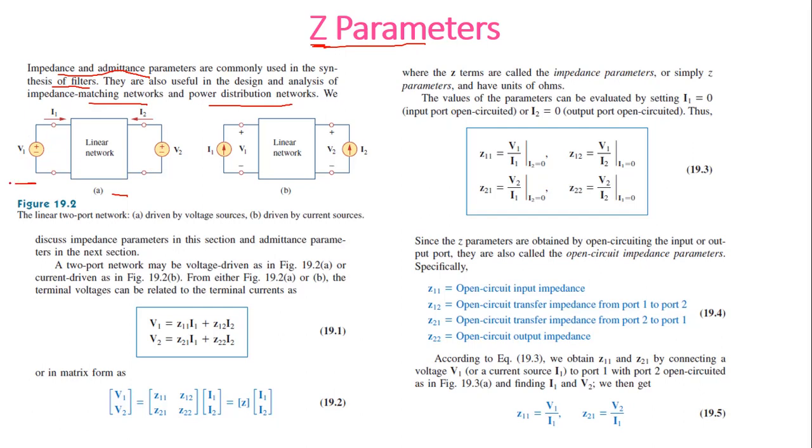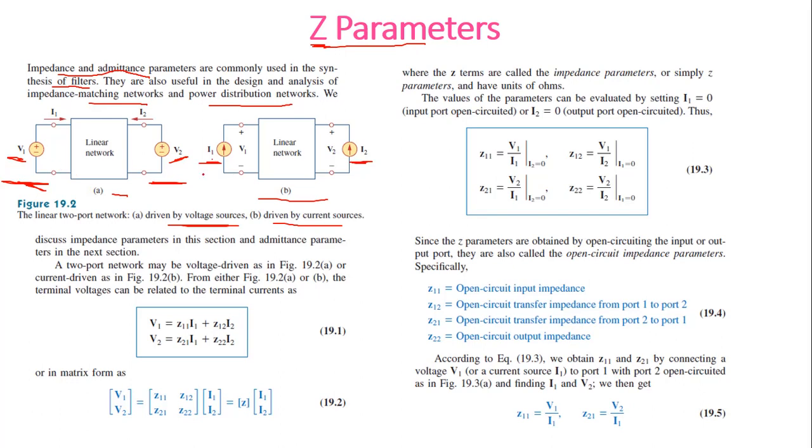This can act as the input terminal and this as the output terminal. So this is a linear two-port network driven by a voltage source. Now look at the second one. We have current sources at the input and output terminals instead of voltage sources. This circuit is a two-port network driven by current sources.